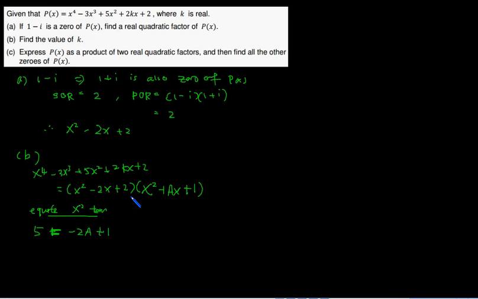And the 2 here, if I multiply, I get an x squared term, so it's +2. In other words, I will be able to show that a is -1. So if you factorize the quadratic expression, the other quadratic factor is x squared minus x plus 1.